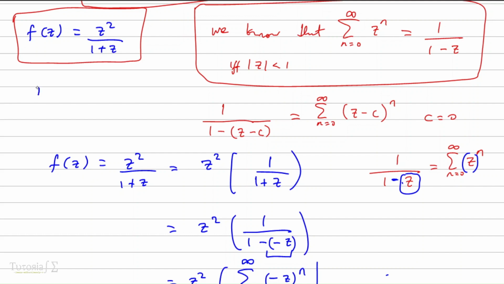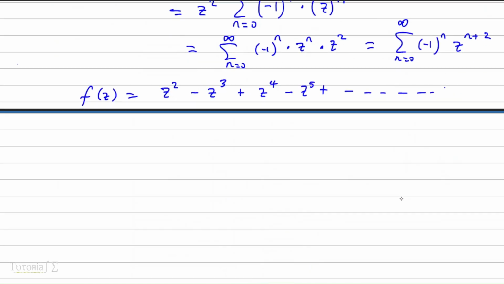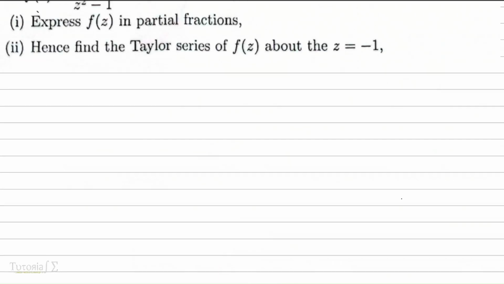And let's say it was f of z equals 1 over z plus z squared, you could also factor this out as 1 over z, then we have 1 over 1 plus z, like that. Then you could simplify. So just look for ways to factor out so that you can relate it to the geometric series.